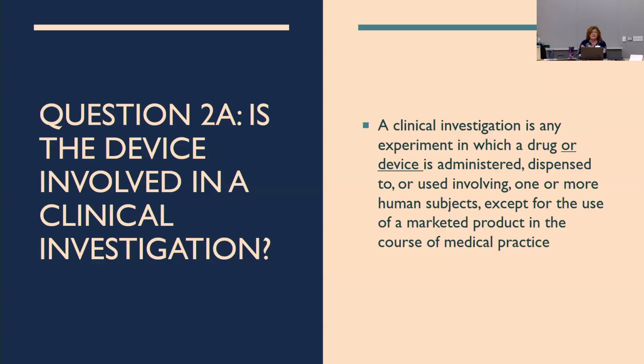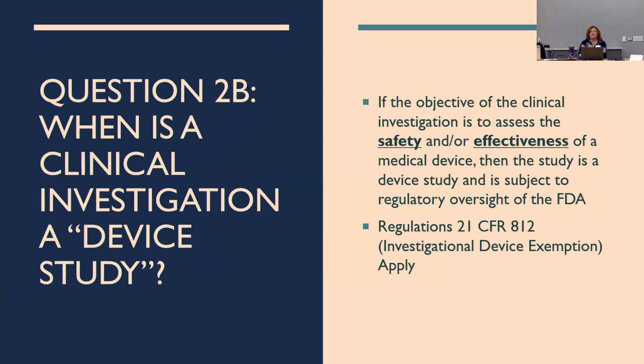A clinical investigation is any experiment in which a drug or device is administered, dispensed to, or involving one or more human subjects, unless it's being used in medical practice. So that's where we have to determine, usually this is pretty obvious. Usually the answer is yes, obviously this is a clinical investigation. It's being offered as research, right? So then secondly, the more important question is trying to drill down into what the objective of that clinical investigation is.